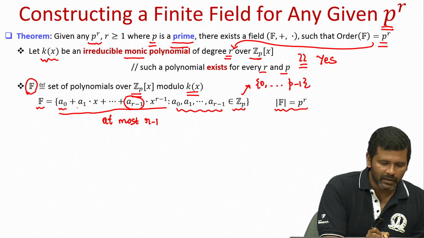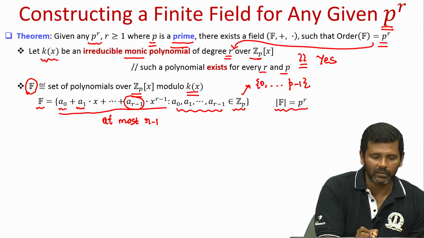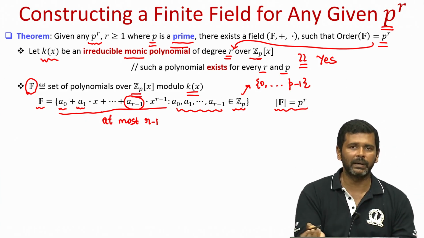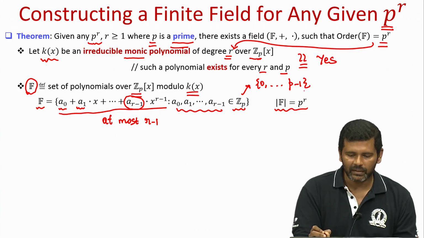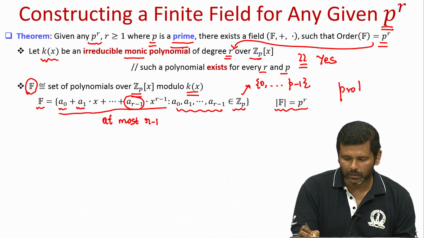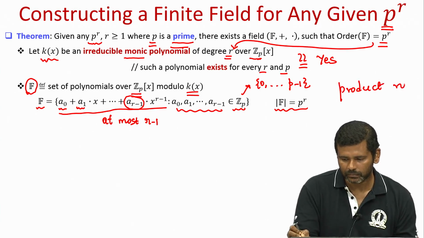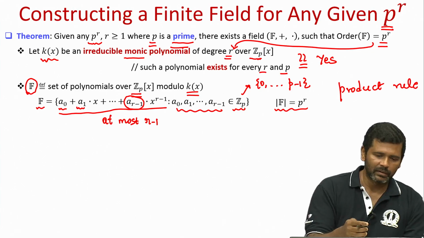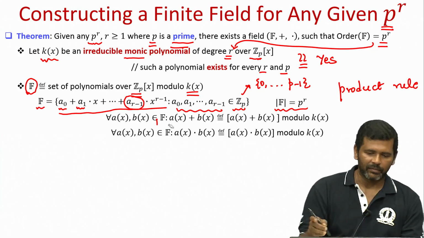So, it is not the case that the coefficient a1 depends on the coefficient a0, or that the coefficient a2 depends on a0 and a1; they are picked independently. So, I can say that from the product rule of counting, there are p to the power r possible polynomials in my collection F.